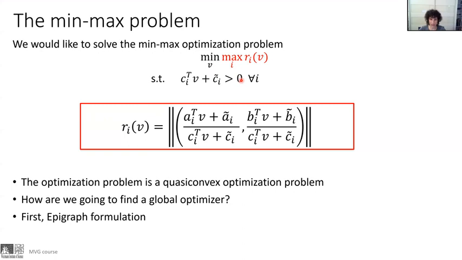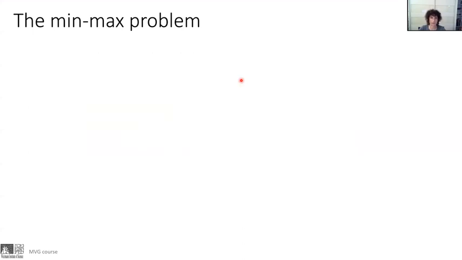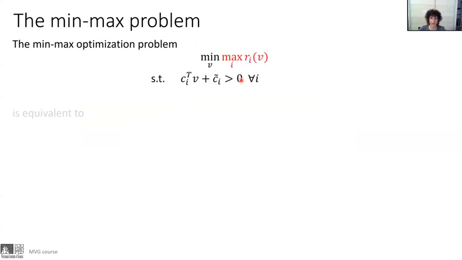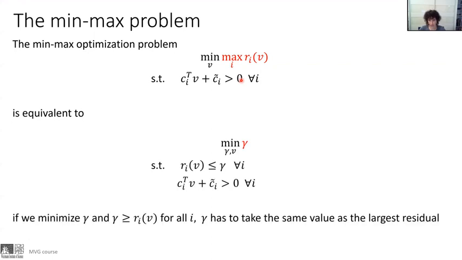So I'm going now to write this problem in some equivalent form till we get some convenient way to solve it, okay? So I'm starting from here, and I'm writing the following equivalent problem. Why is it equivalent? Let me explain to you.